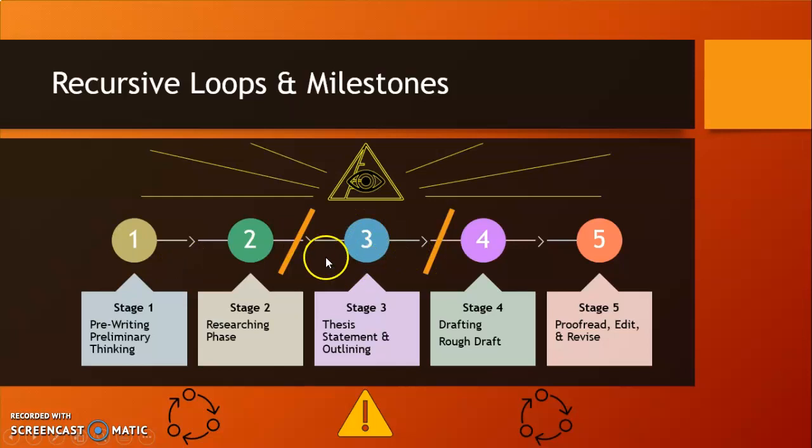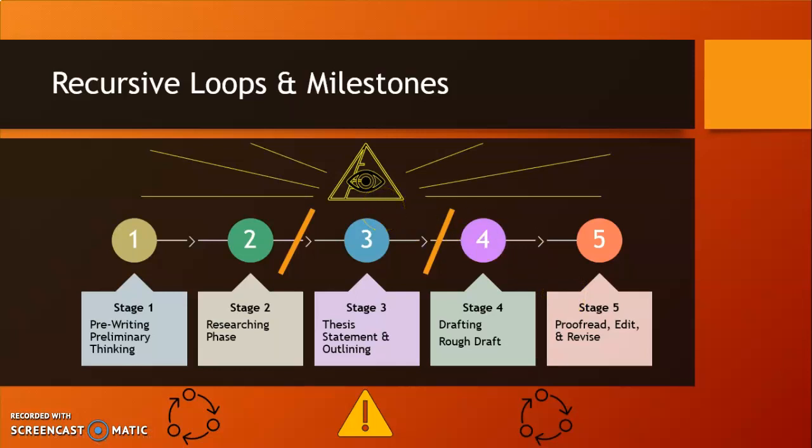Stage 3 is your milestone. That's when you commit. Once you have a solid thesis statement and an outline, that's your milestone, that's your green light to say, okay, time for stage 4. And when you're at stage 4 and 5, when you're writing, you can proofread and edit and revise and go back and forth between as many times as you want until you get the finished product that you need for your audience.